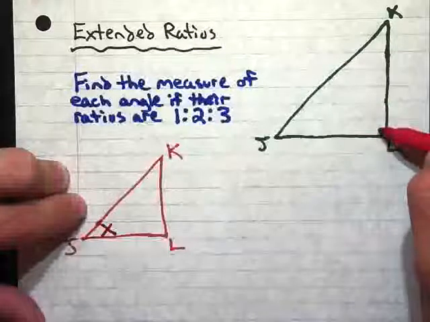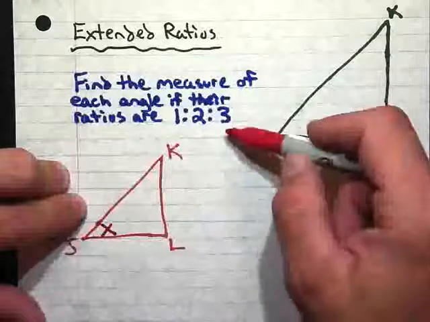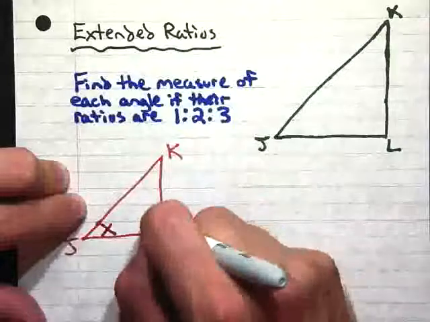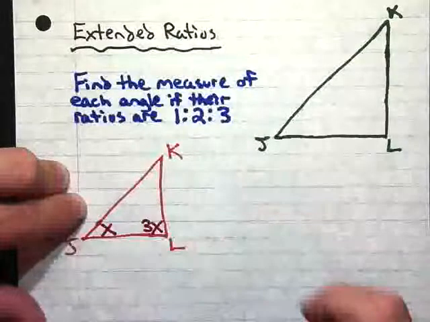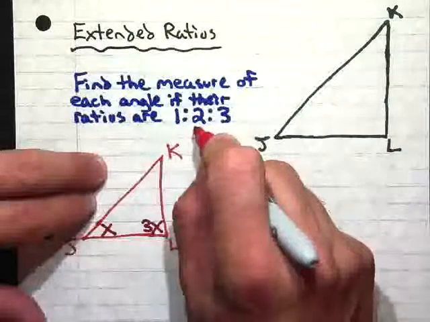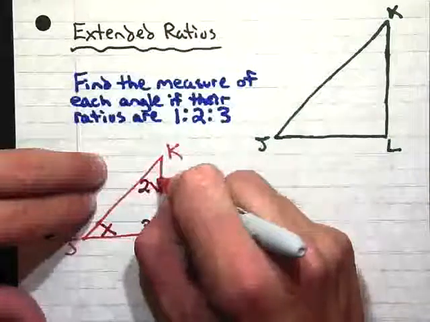If L is the largest angle in my triangle, then I want to use the largest number in the ratio for that. So I'm going to make angle L 3x, which means that we just use the 1 and the 3, and it leaves us with 2. So angle K is going to be 2x.